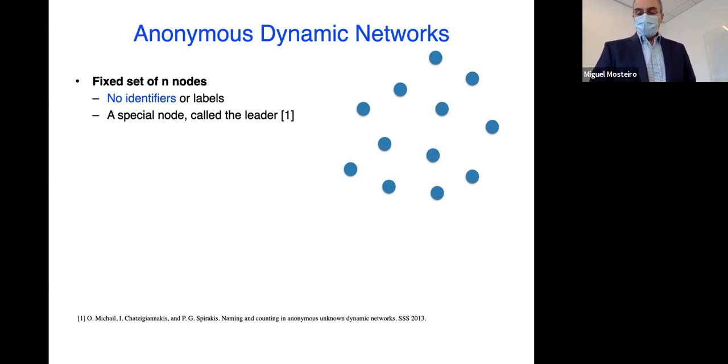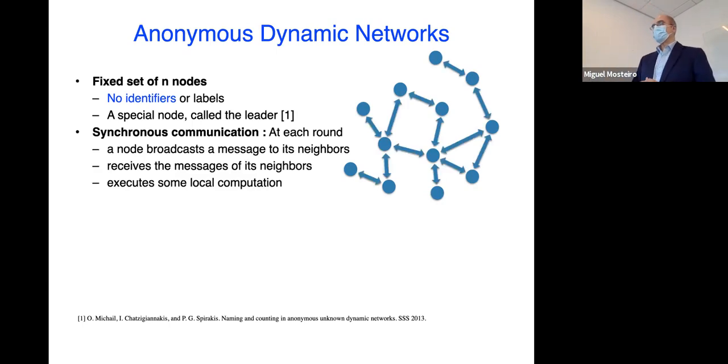Given this fixed set of nodes, the communication is synchronous. All the nodes start at the same time and communicate among them synchronously through links. We divide time in rounds of communication. In any given round, a node broadcasts a message to all neighbors, receives messages from the neighbors, and executes some local computation whose time we consider negligible.